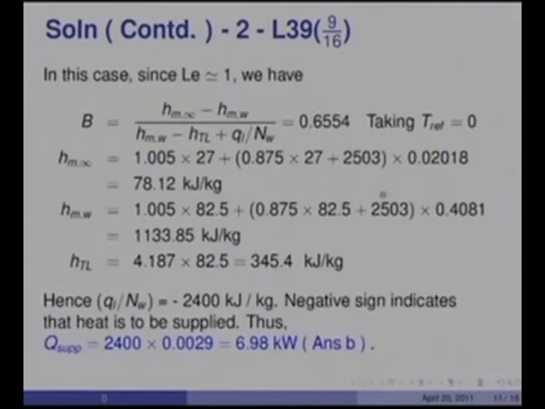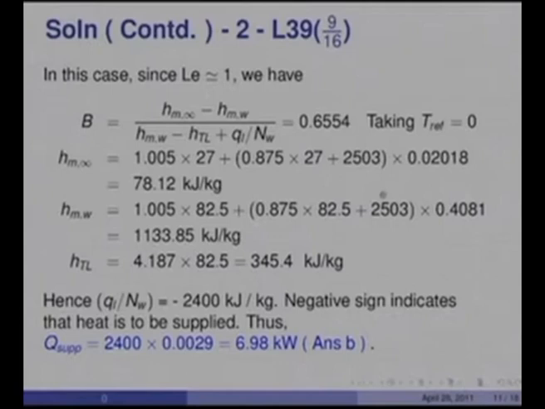Now, in this case Lewis number is equal to 1, and therefore, B which is equal to B_h, calculated from enthalpy, will also be equal to 0.6554, and therefore, we have h_m infinity minus h_m w over h_m w minus h_TL plus Q_L divided by n_w equal to 0.6554, and if I take T_ref equal to 0, then h_m infinity would be simply 78.12, because I know omega_v infinity as 0.02018.